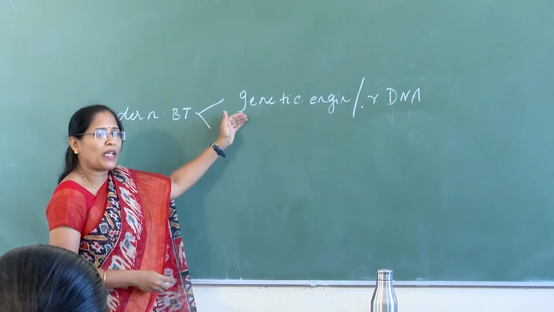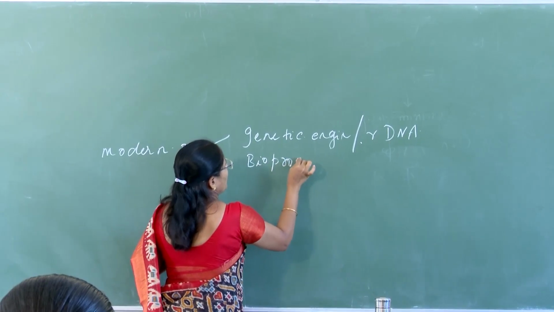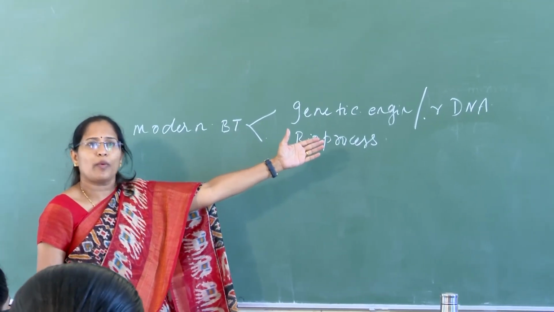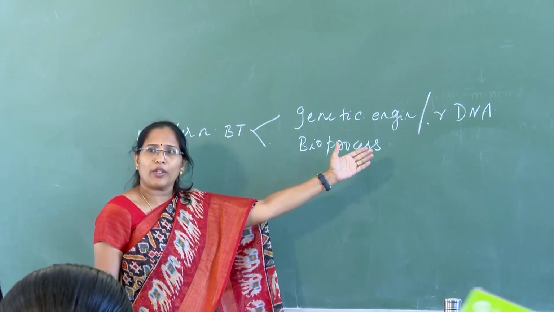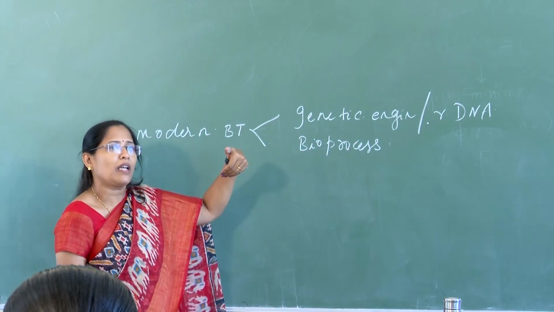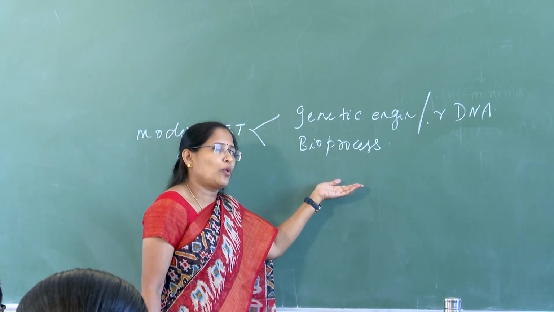Followed by that, the second process is called bioprocess. What is bioprocess? My gene of interest I am selecting over here, that is your rDNA or recombinant DNA. Then I have to produce them at a larger scale. That step you call bioprocess.